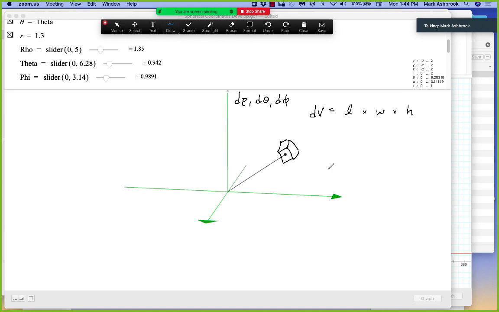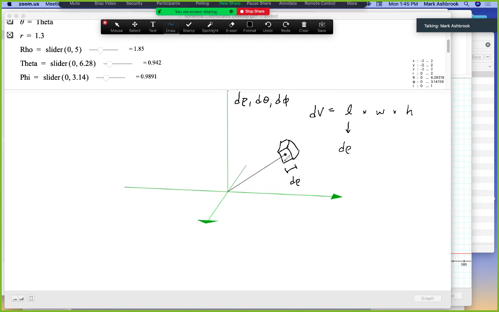Which one of those is already a length? D rho. And which one is d rho, exhibit A, B, or C? It's this one right here. It's a little differential in distance from the origin. So we'll call that the length of this thing. One down, two to go.